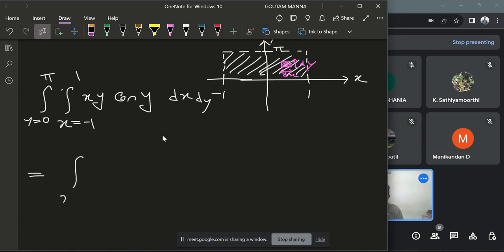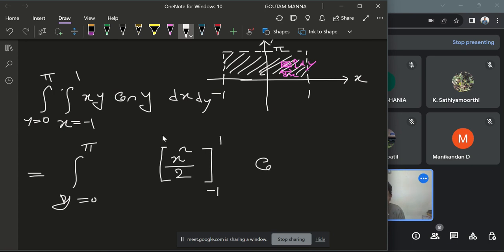If I do the x integration first, with y from 0 to pi, you can see it is only x dx, and x is an odd function, so the integration will be 0. If I do the integration, it will be x squared by 2 from minus 1 to 1, and this cos y dy remains.